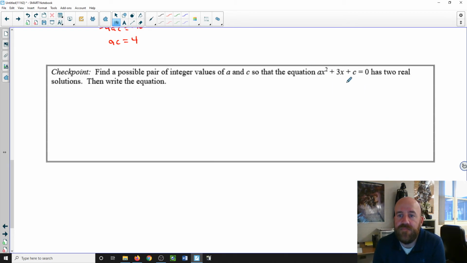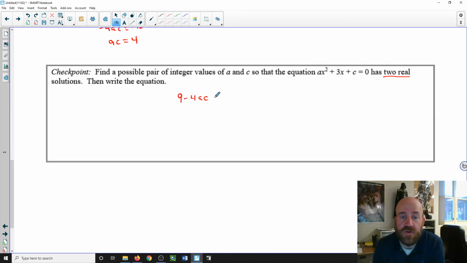So we have this given value up here, so we know the b is 3. So we're going to plug that into our discriminant. So b squared is 9 minus 4ac, and we're looking for a possible two real solutions.